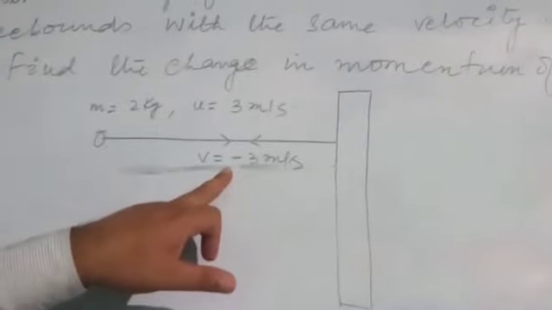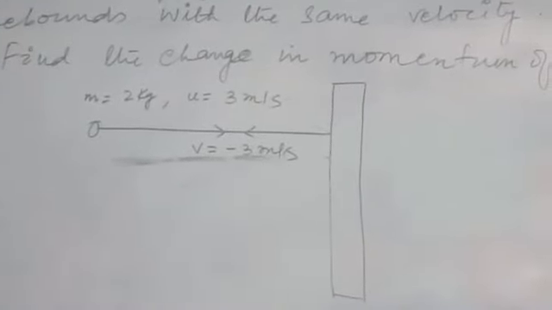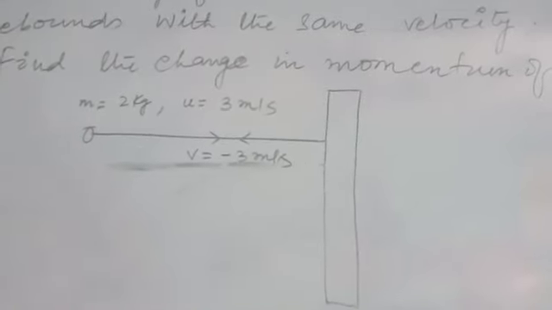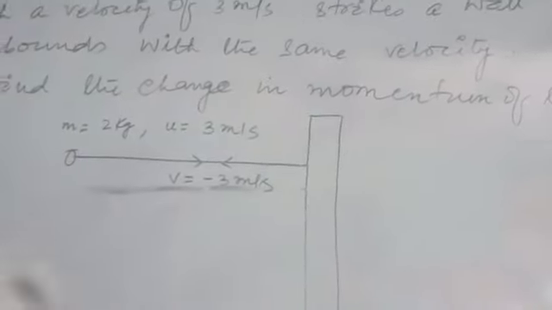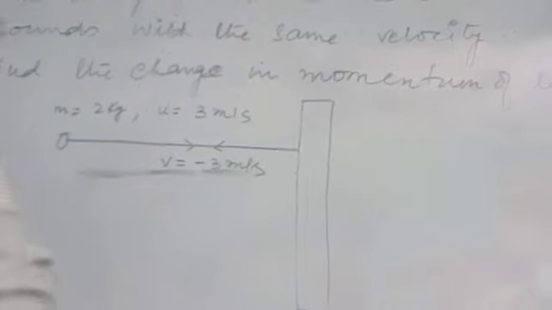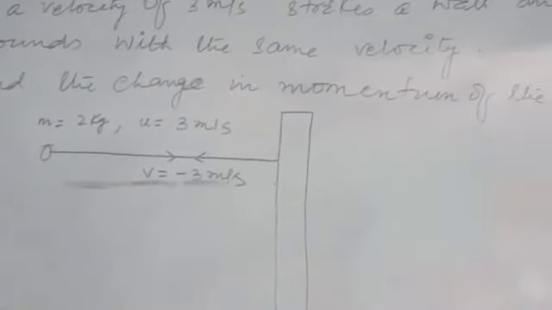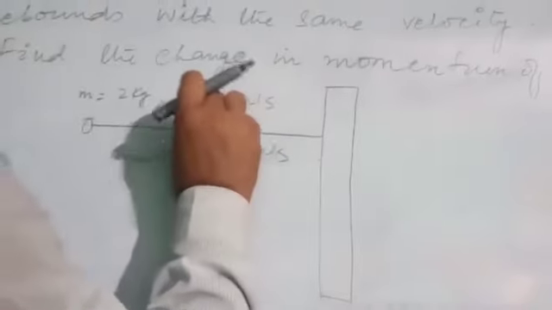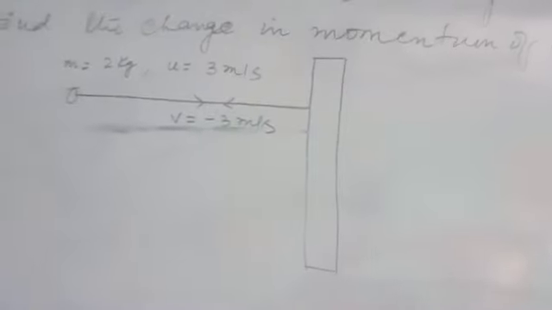The negative sign shows that the direction of the final velocity of the ball is just opposite to the initial velocity of the ball.